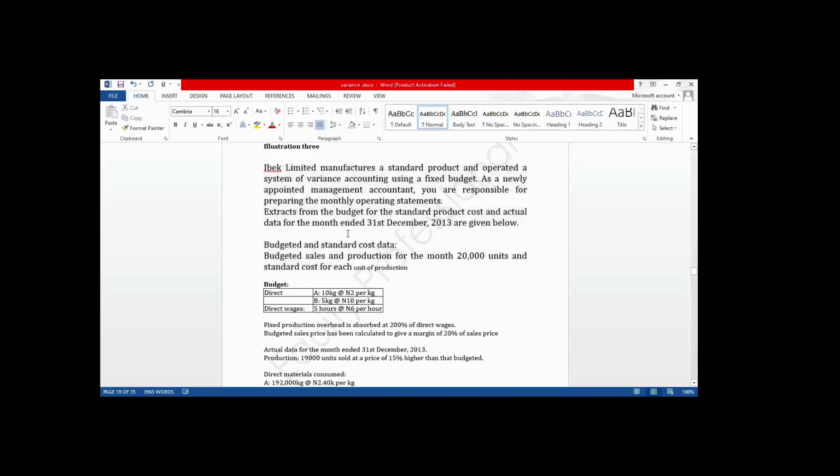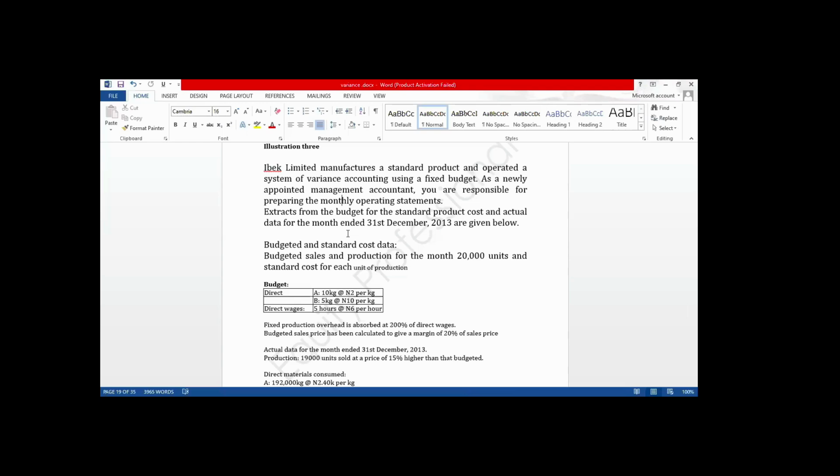Look at this. A company manufactures a standard product and operates variance accounting using a fixed budget. As a newly appointed management accountant, you are responsible for preparing the monthly operating statement.